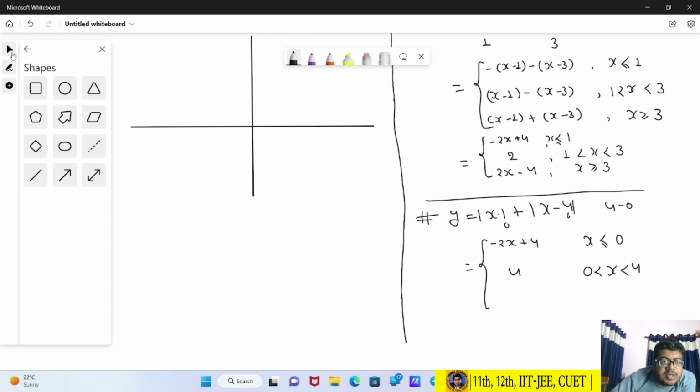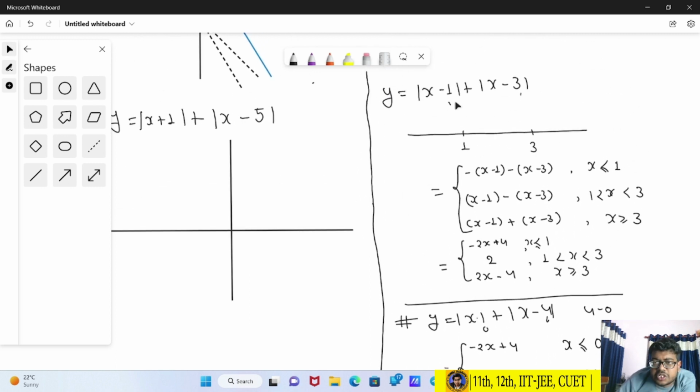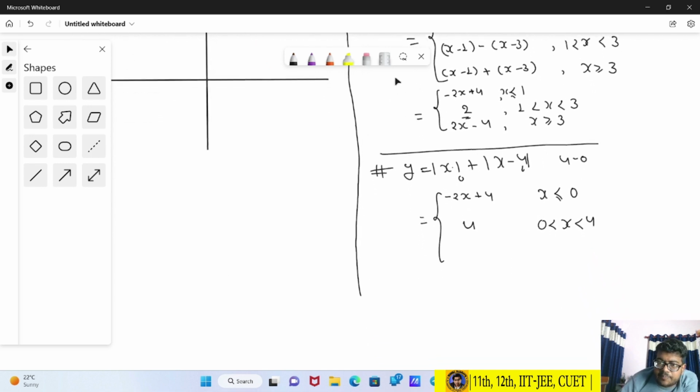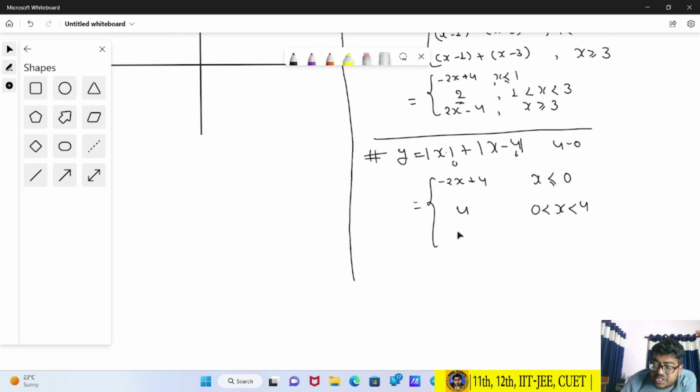In the previous case, suppose this is 1 and this is 3, then 3 minus 1 gives 2. Directly we can write that here. Now the third value is always the negative of the first, so -2x plus 4 for x greater than or equal to 4.